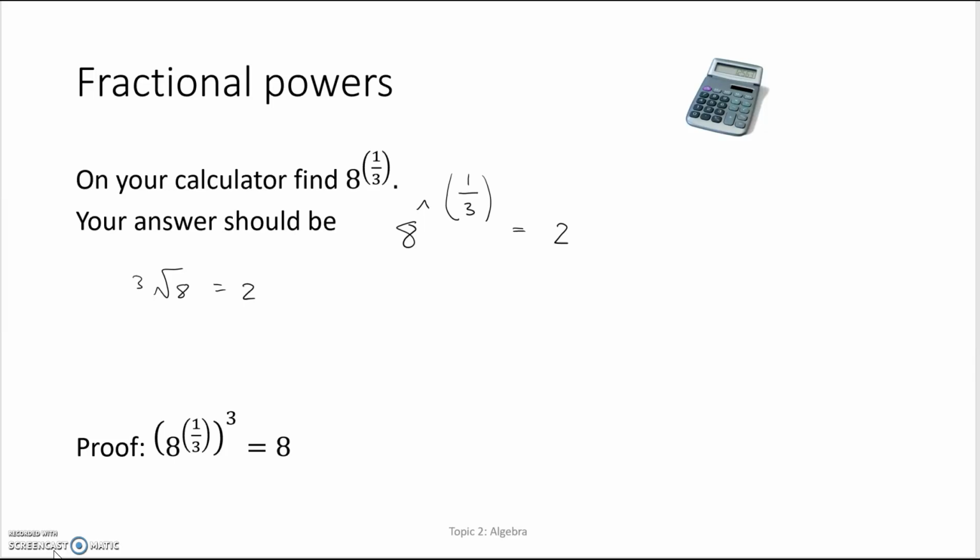So the cube root of 8 equals 2, which equals 8 to the power of a third. So it is. And we can prove that by using this proof at the bottom, because then it would be 8 to the power of a third times 3. That would be 8 to the power of 1, which is 8.